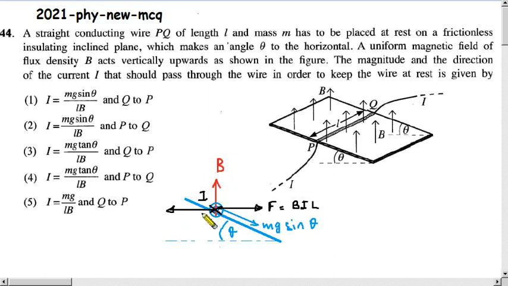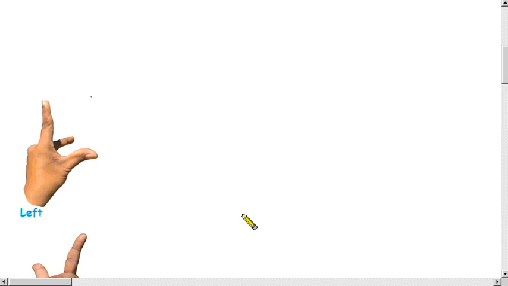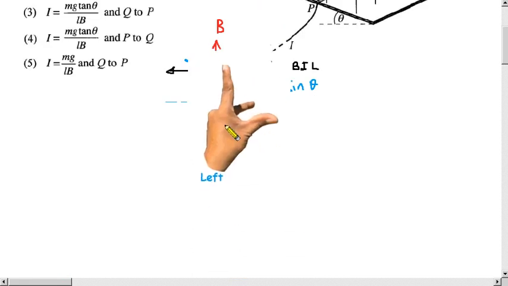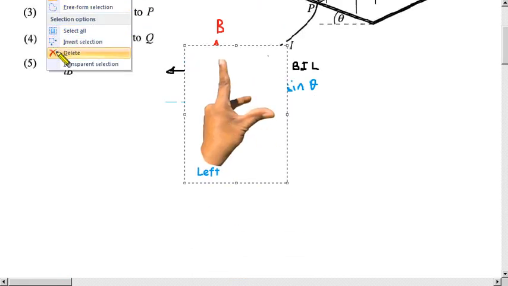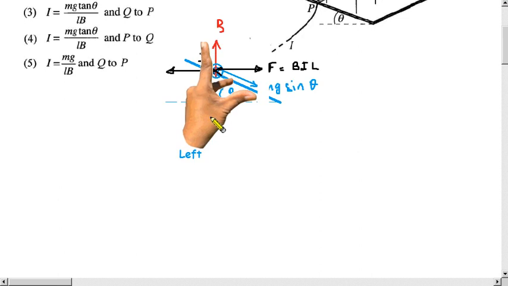To find out the direction, we use the left hand rule. We have to place our left hand to find out the direction of the force.